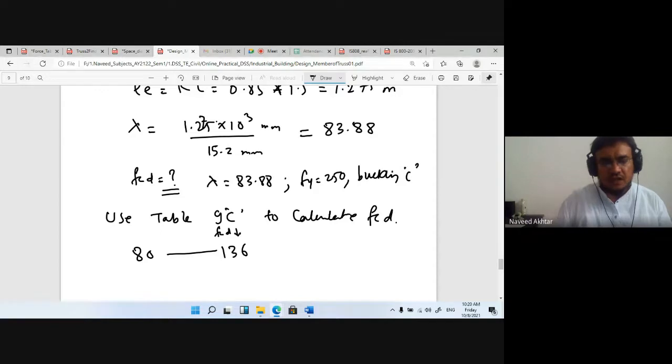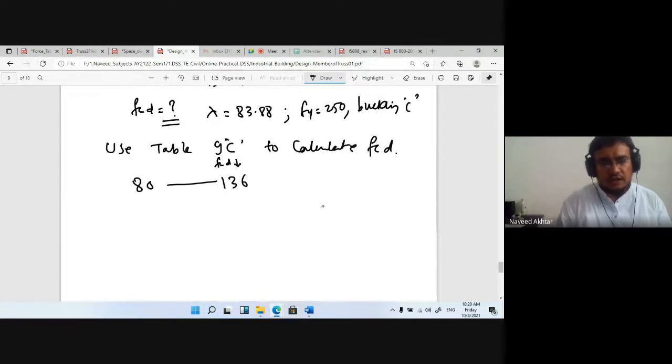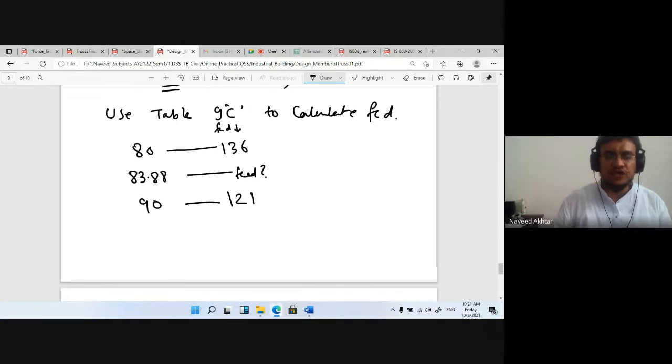Okay, and for 90 it is 121. So here we have to find out what the FCD will be for 83.88. So by interpolation you can find out. How to do interpolation: if you are taking the larger value, then you have to do the minus.